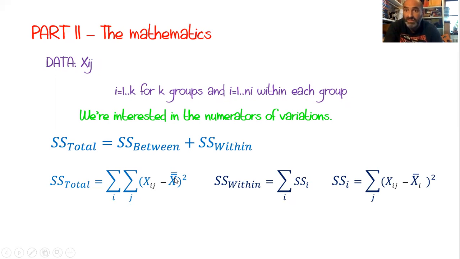That grand mean is the arithmetic mean of the aggregate data set. And this is not always the arithmetic mean of the three sample arithmetic means. It's the arithmetic mean of the sample arithmetic means only if they have an equal number of points. Otherwise, you have to sum up everything and divide by the total number of points.